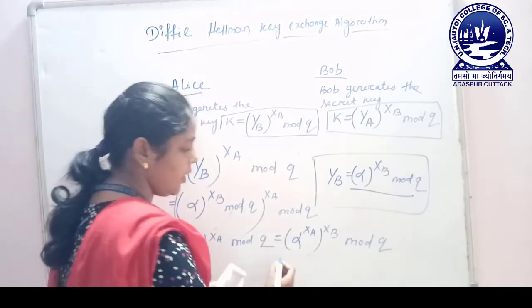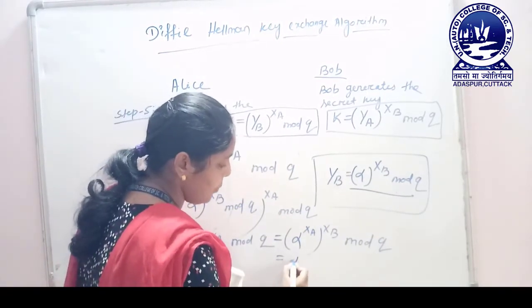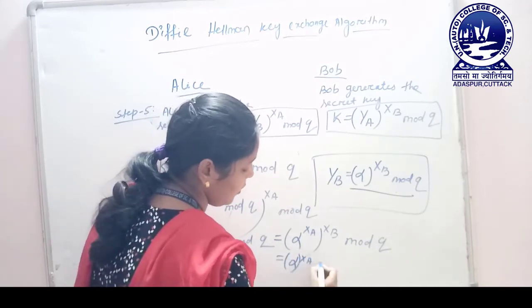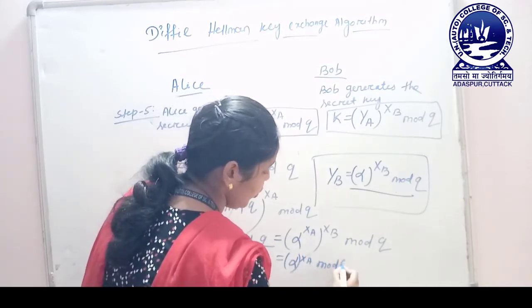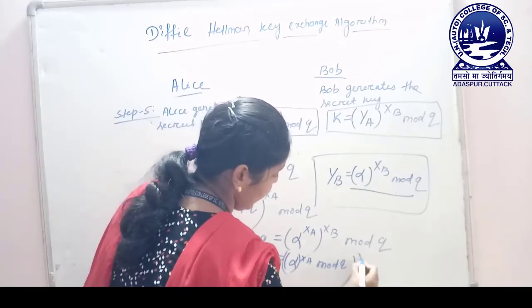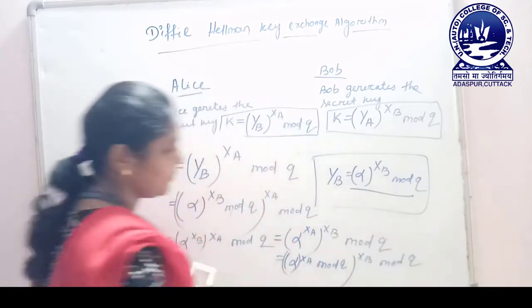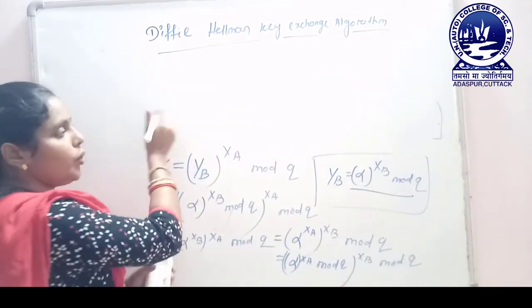Then next you can write that alpha to the power XA mod Q to the power XB, then mod Q. Now look at here.